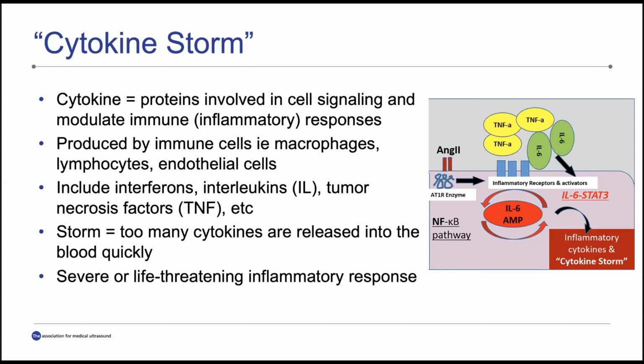When they're released in a great amount, they can cause this storm because as they're released into the blood quickly, they can cause a severe or life-threatening inflammatory response. So it's the marked release of all these cytokines directly into the blood that causes the cytokine storm and can produce these coagulopathies.